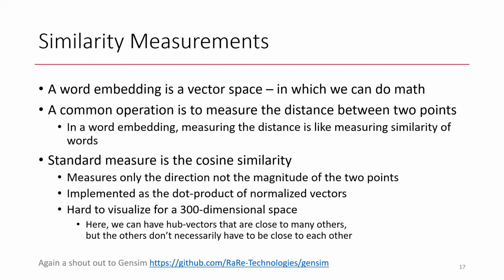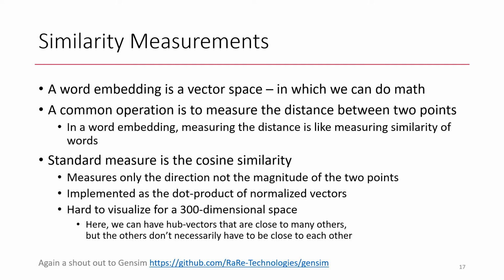A very standard measure for that is the cosine similarity, which measures only the direction and not the magnitude of the 2 points. And it's implemented as the dot product of normalized vectors with length 1. But the problem here is, you can always visualize cosine similarity in a 2-dimensional space, right?